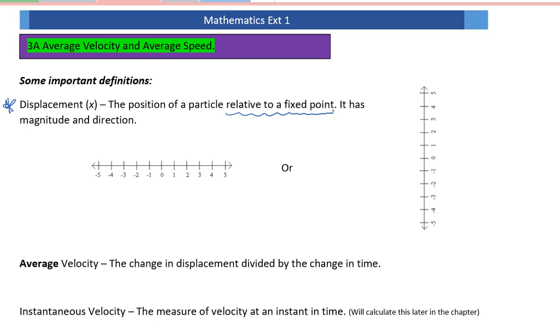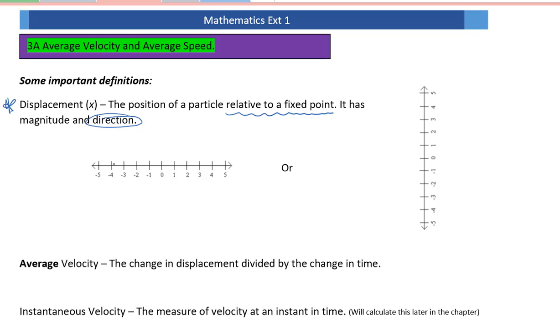Because it's relative to a fixed point, it has, as it says here, magnitude, which is a size, and more importantly, it has a direction. We could have displacement graphed on this horizontal line here. Usually the fixed position is called the origin, or zero, and if we're in a position to the right of that, we would call it positive, and to the left we can call it negative.